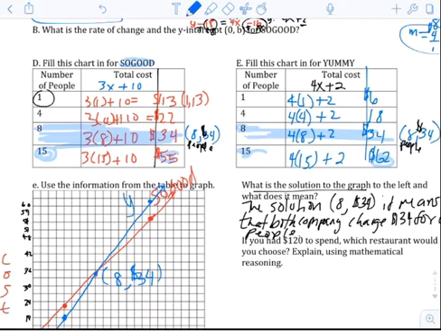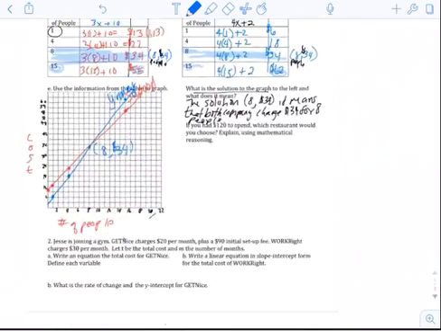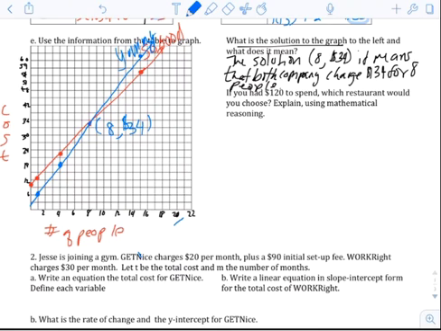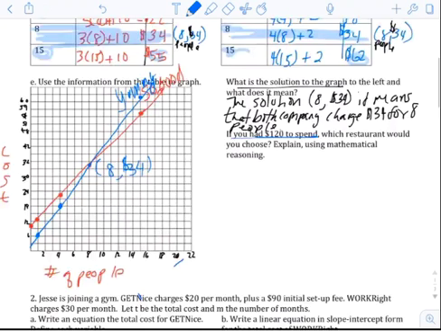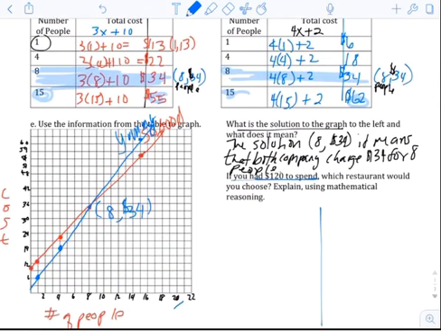So on your test on Wednesday, you need to label these lines, or I'll take a point off. If you spend $120, so if it costs you $120, which restaurant would you choose? Explain. For 120 bucks, let's look at both restaurants. Use mathematical reasoning.